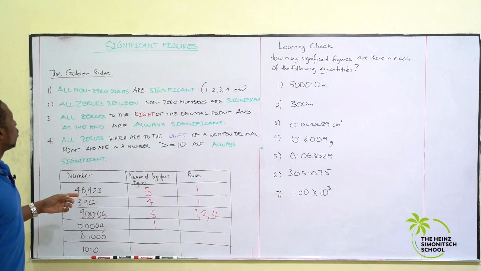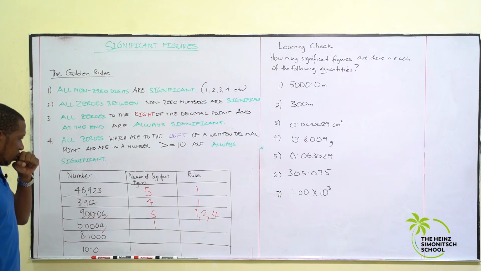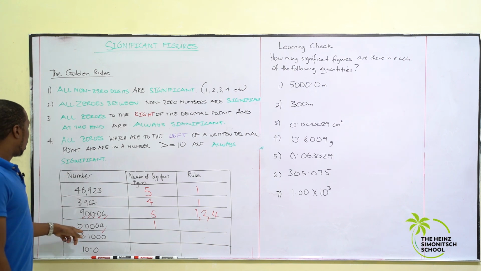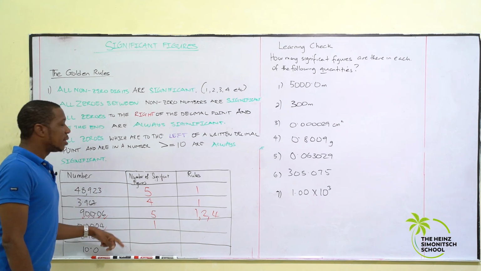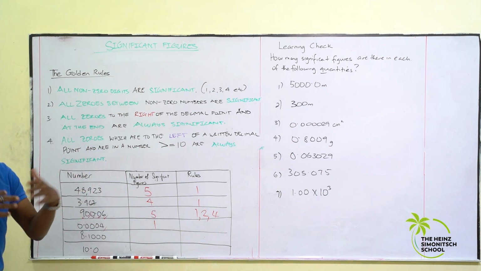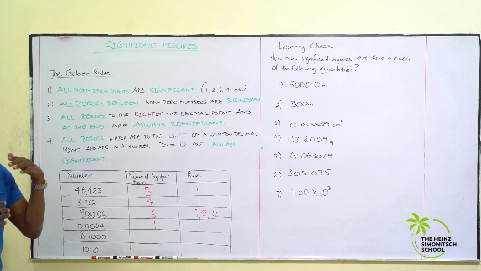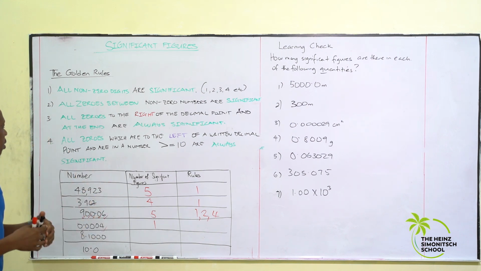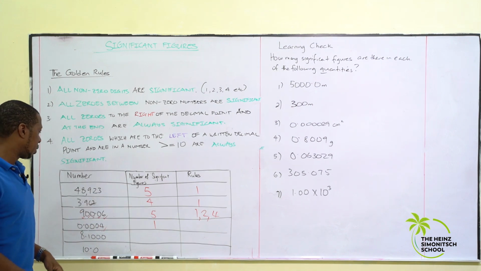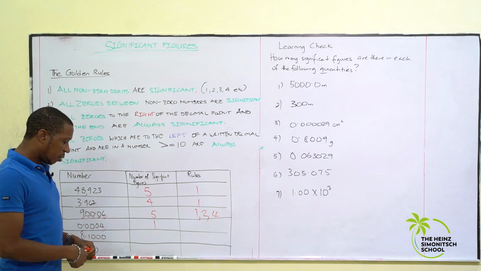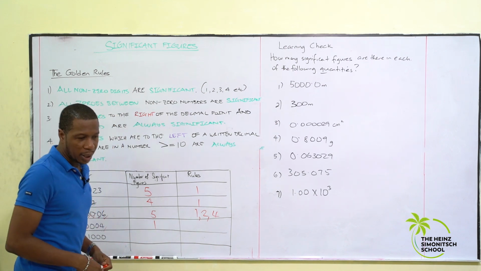The rule says that zeros that are not between or sandwiched between non-zero numbers will be insignificant. So therefore, the only significant digit here is 4.